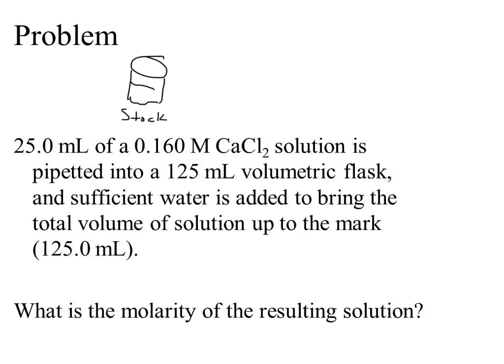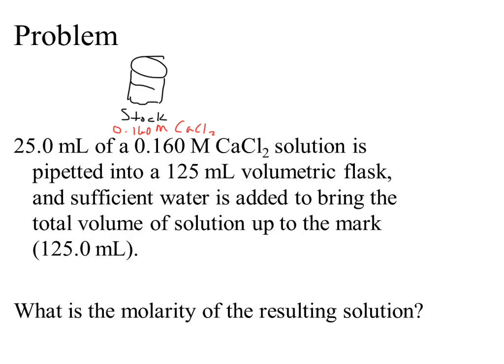So it says 25.0 milliliters of a 0.160 molar calcium chloride solution. Now, if you read it a few times, you realize this is the stock solution. The stock solution has a concentration of 0.160 molar CaCl2. That's my stock.